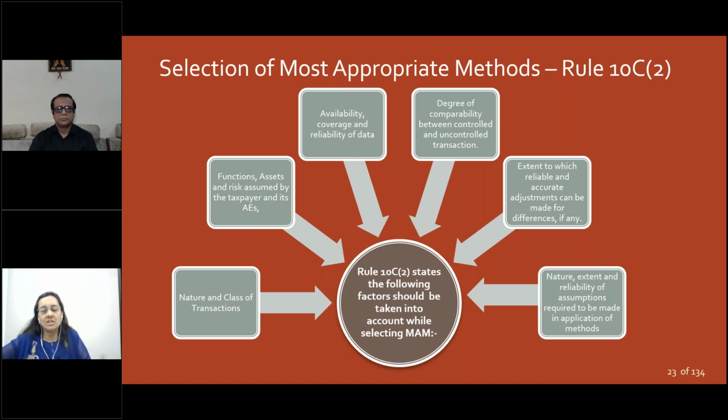And I would like to make an adjustment for comparison. That data is not available for that adjustment, and so you cannot make any reliable assumptions because you don't know. And in such a case, that comparable or that adjustment cannot be taken. So you also have to look at what is the reasonable assumption that can be made to apply a particular method.